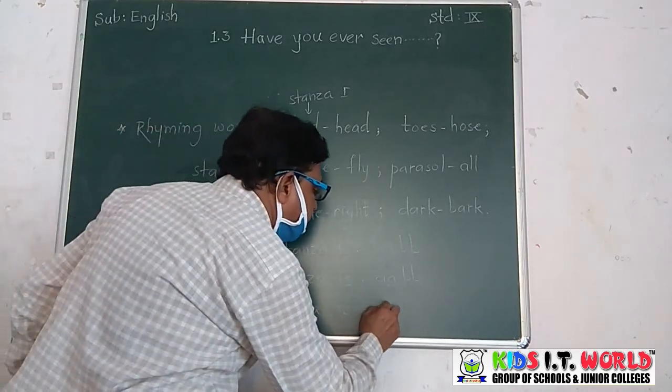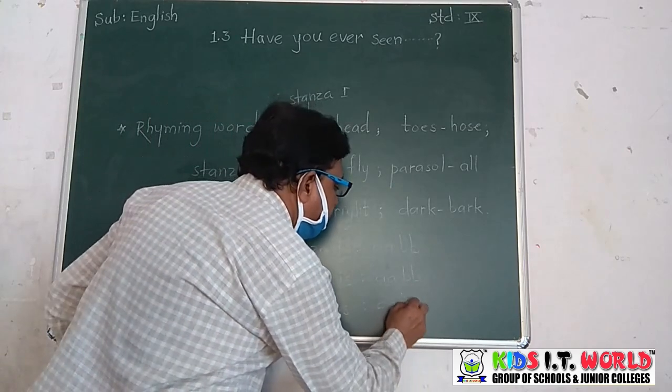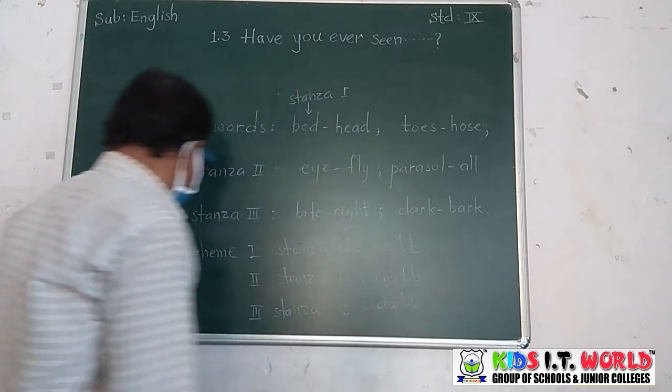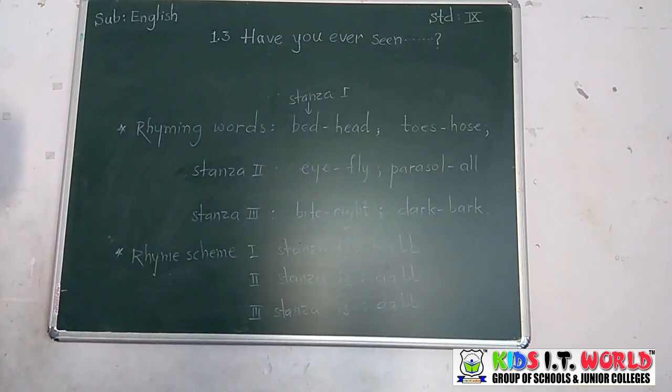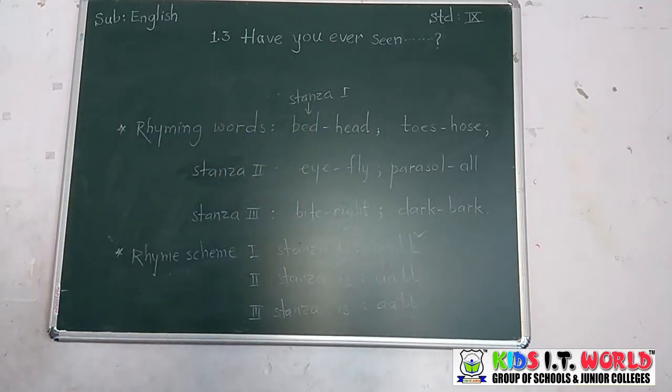Bite, right, that means A. Dark, bark, it means B. So therefore, the rhyme scheme for the whole poem is A, B. Okay?